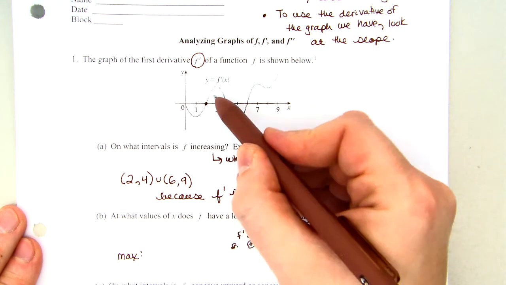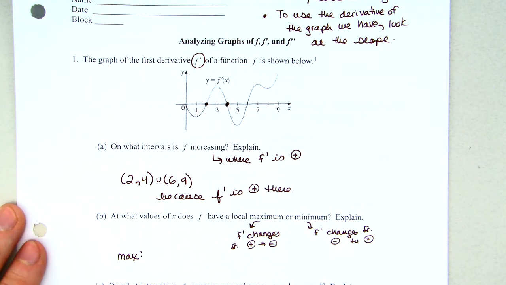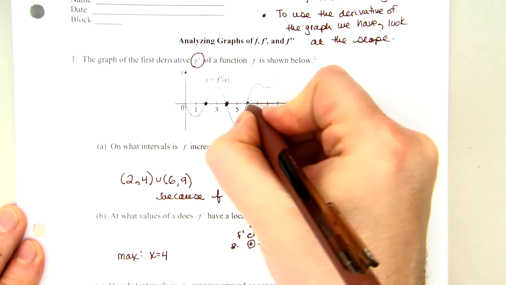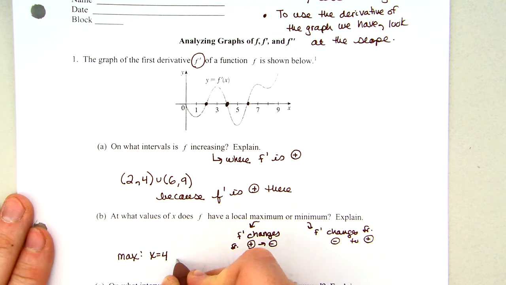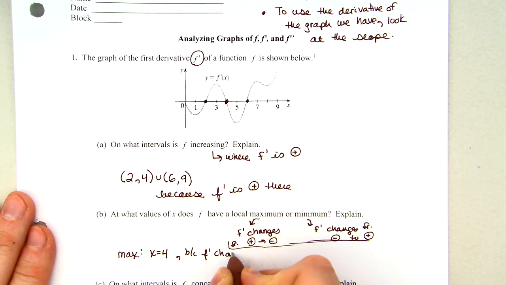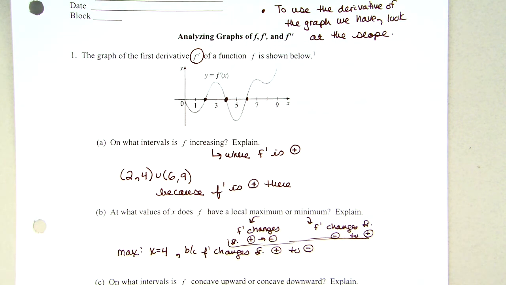No, they're changing negative to positive there. I think over here, my f prime values are changing from positive to negative, so I think that one is good. I don't think that's happening at x equals 6, so I think there's only one place where f will have a relative maximum. At x equals 4, give me 2 seconds, and I'm going to say why? Because f prime changes. That was just my initial thinking over here. I'm going to say where f prime changes from positive to negative. Andrew.